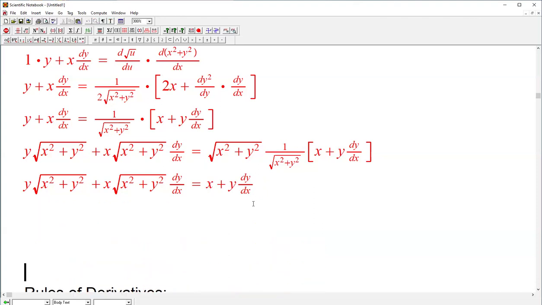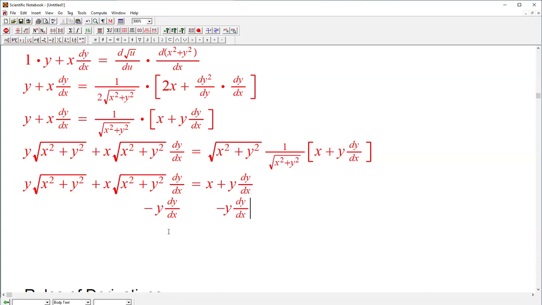So now we got dy dx on both sides. We need to bring them together. If we bring this dy dx to the other side, we're going to subtract that guy, because it contains dy dx.